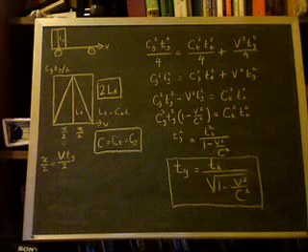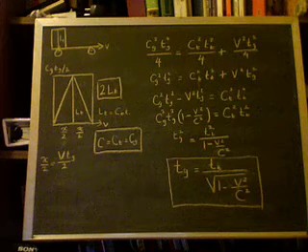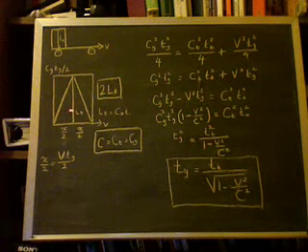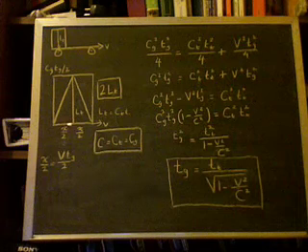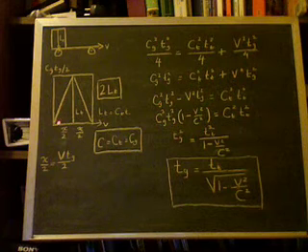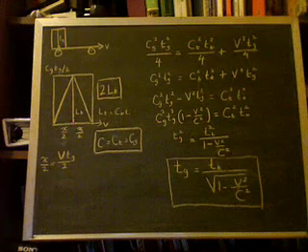and then we can look at this right angle triangle, and the square of the hypotenuse will be equal to the square of the base plus the square of the opposite side.